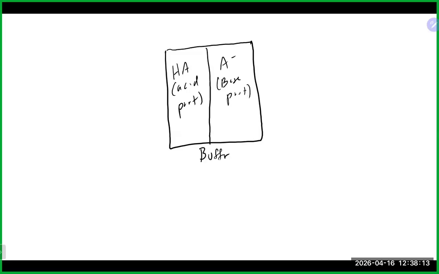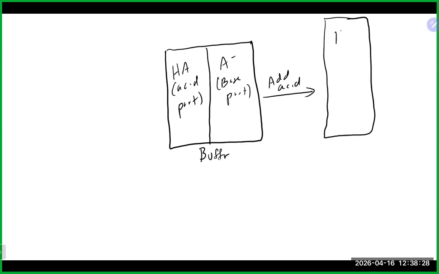And as we saw there from our conversation, if you have a buffer and you add more acid to it, it is going to react with the base part of the buffer, and dramatically drawn here, not to scale, we will increase the acid part of the buffer in that reaction, and we will decrease the base part of the buffer.